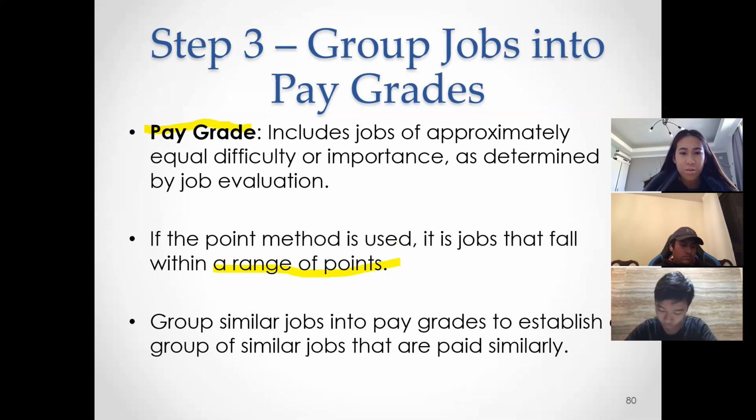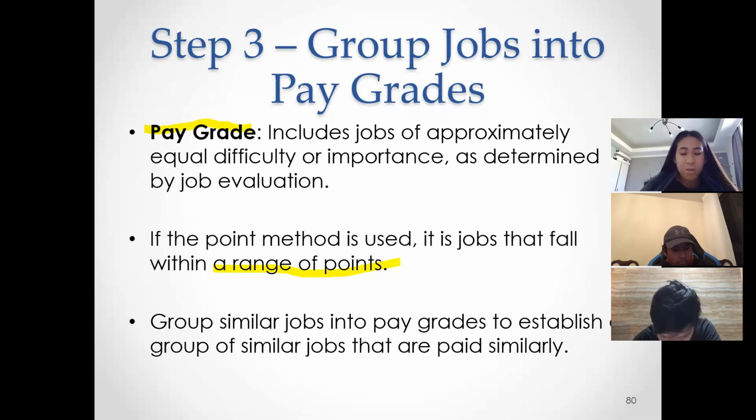You might have a whole different group of jobs that are all in one range of points. Let's say that a pay grade, if the maximum is 100 points, let's say you have a grade that's 80 to 100. Now that can include lots of totally different jobs.